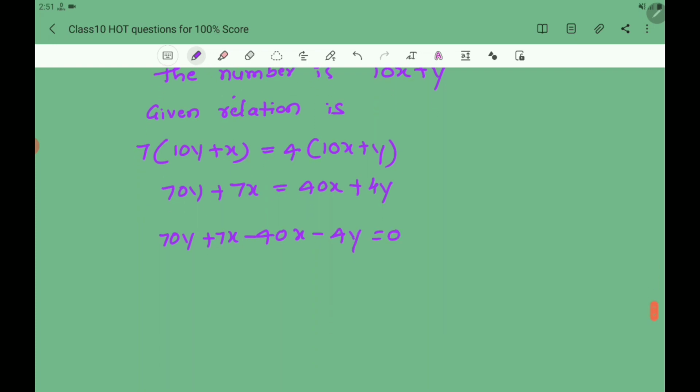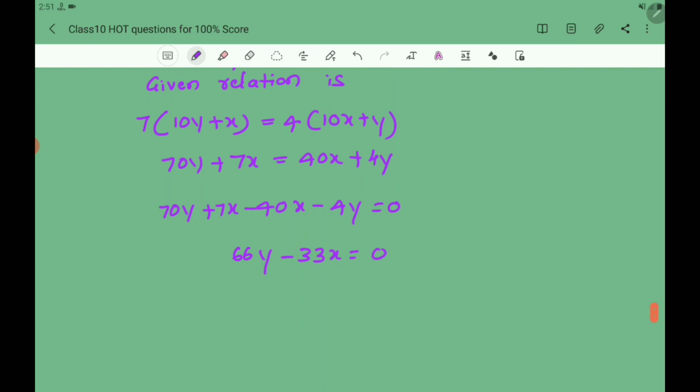So you got 70y minus 4y is 66y, and 7x minus 40x is minus 33x, equals 0.